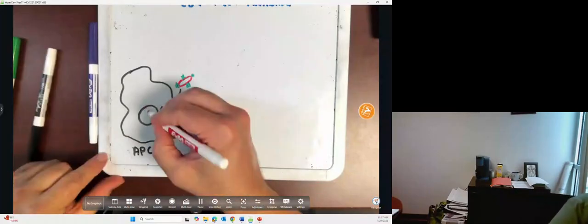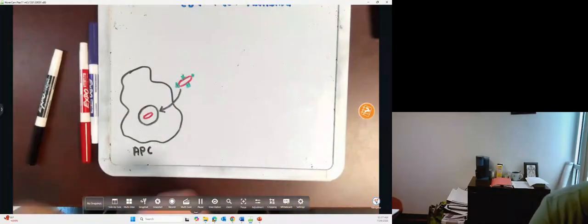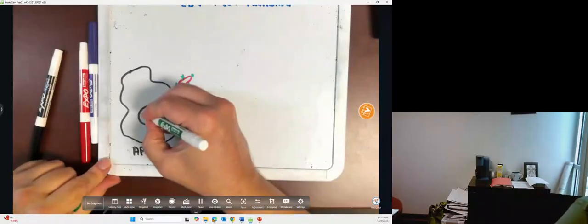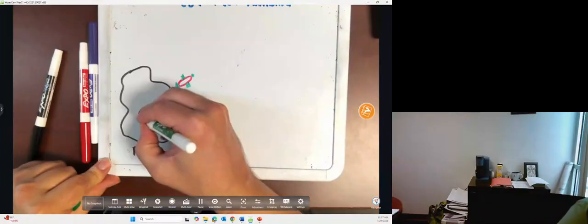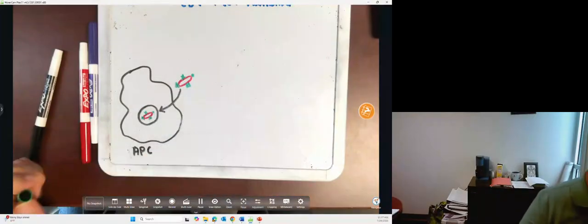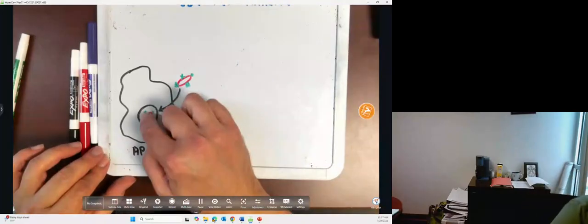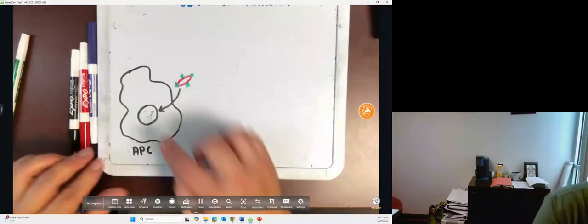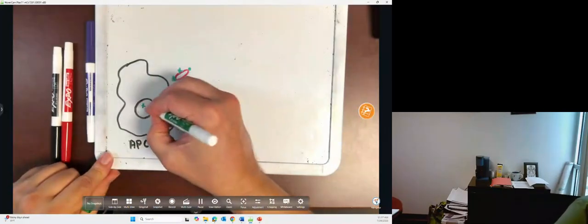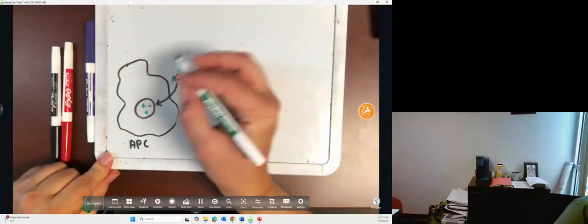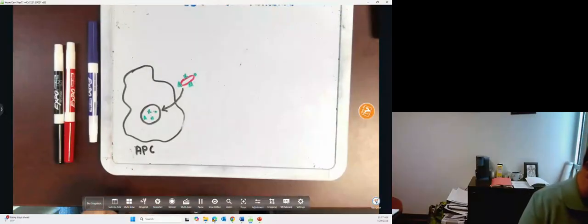We have our phagosome. Now what we're going to do is bring this in and gobble up this bacteria, and we're going to leave behind these antigens.